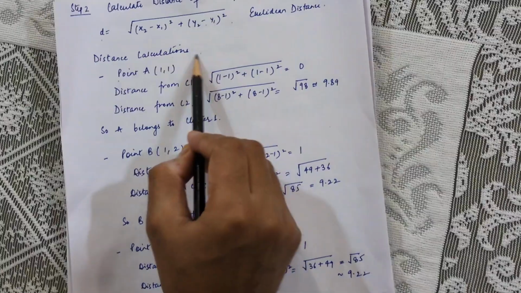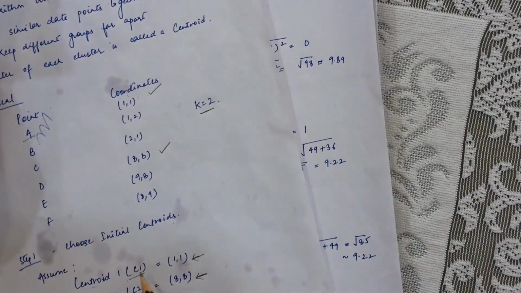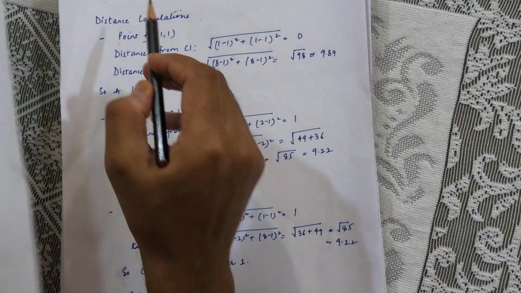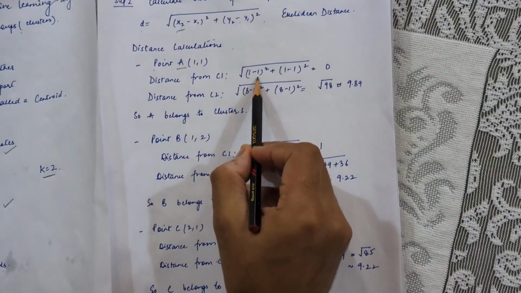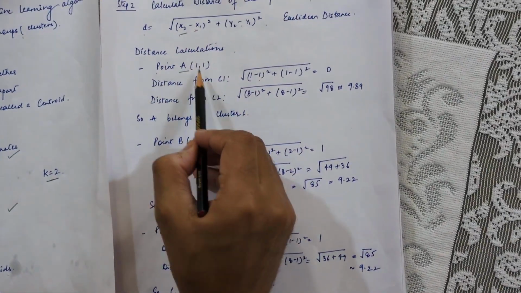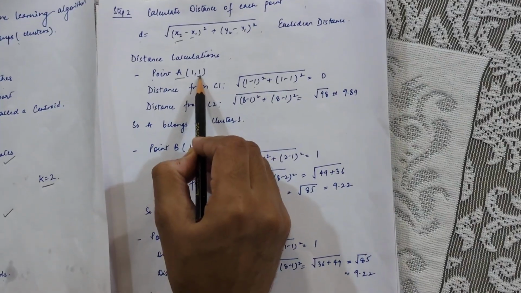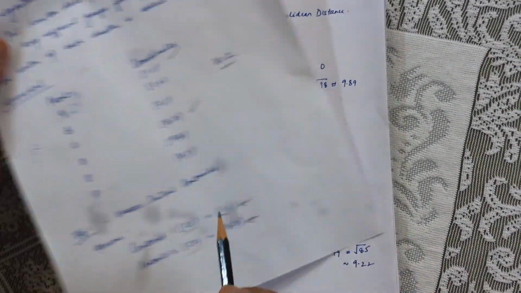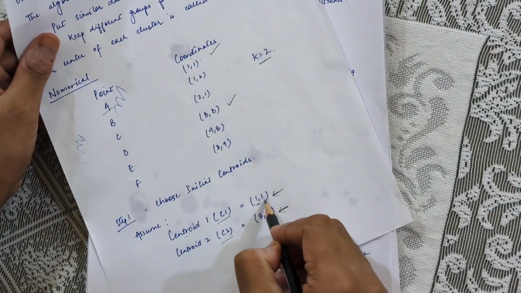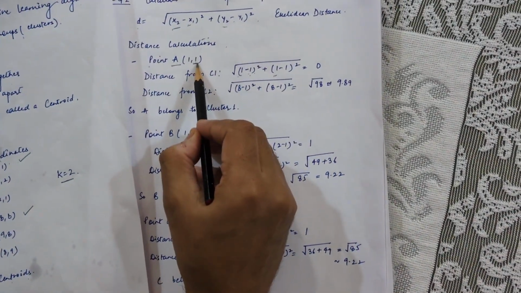Distance calculation of point A from C1: x2 is the x coordinate of C1, which is 1, and x1 is the x coordinate of point A, which is 1. Y2 is the y coordinate of C1, which is 1, and y1 is the y coordinate of point A, which is 1.